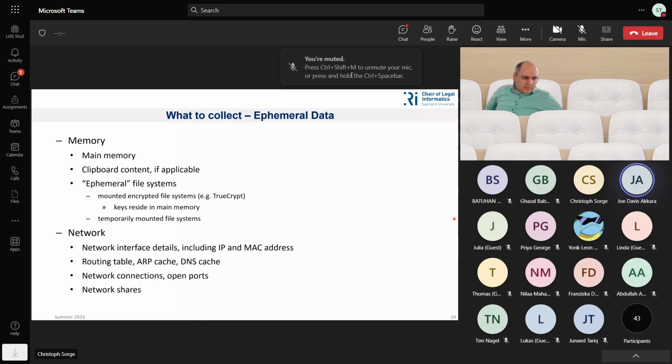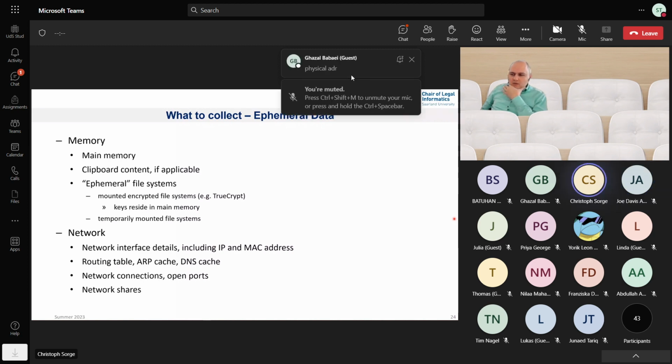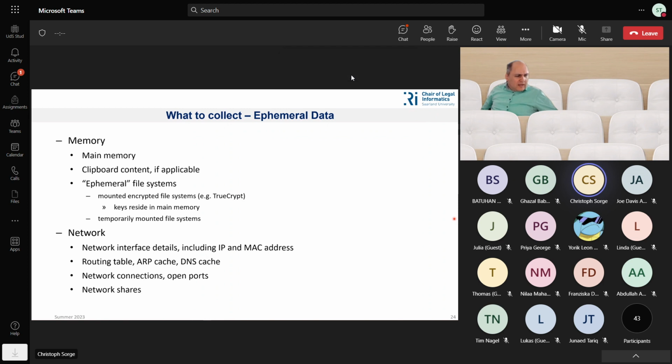It's used to identify hardware or the physical address. Exactly. So it stands for medium access control, sometimes media access control, sometimes singular, sometimes plural. I think it's media access control most commonly.